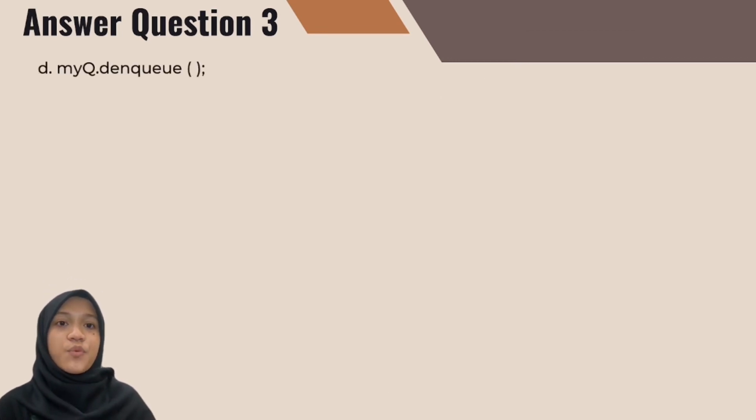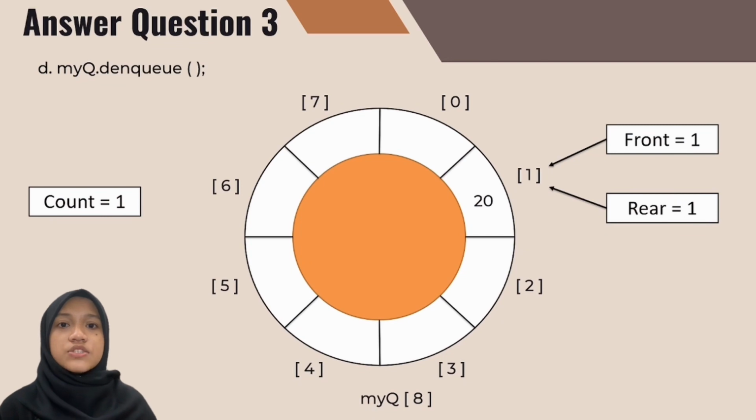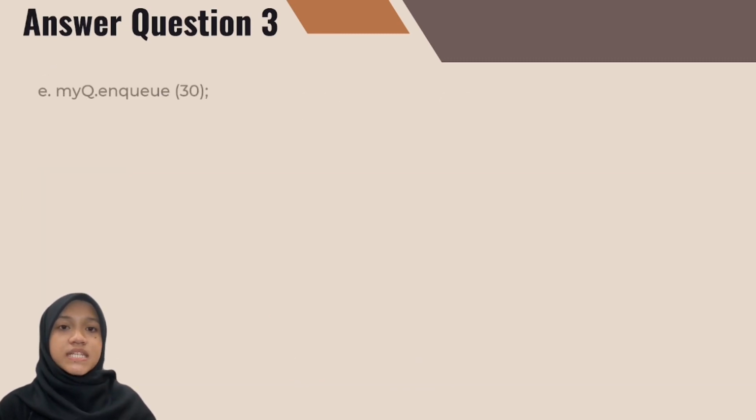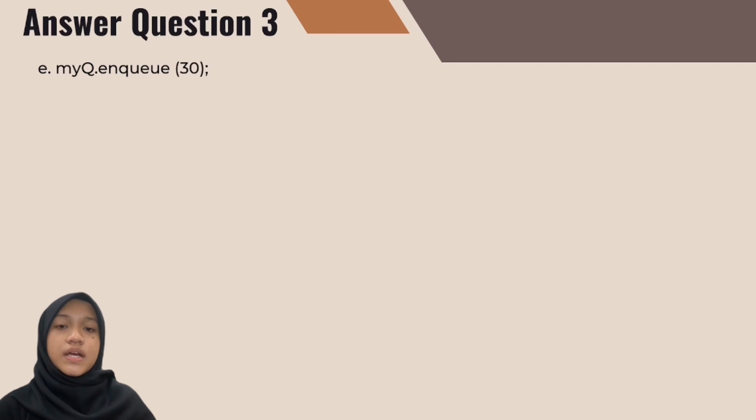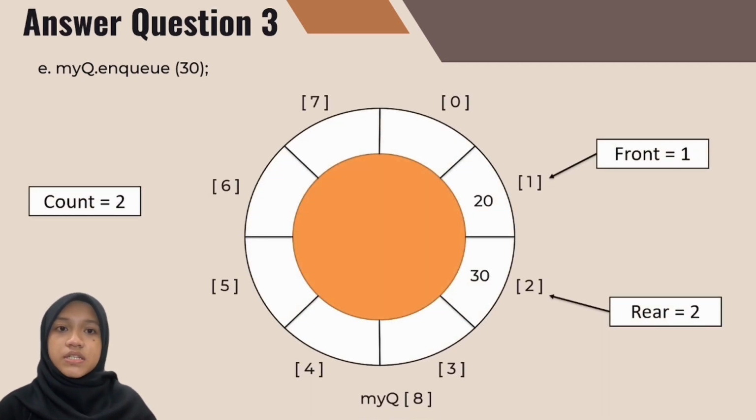Next, the question wants to dequeue. So 10 is dequeued from the queue, so the front changes to 1 and the rear is still 1. And the count of elements is 1 because 10 has been dequeued, which is removing data from the queue. The last question is they want to enqueue number 30 in the circular queue.